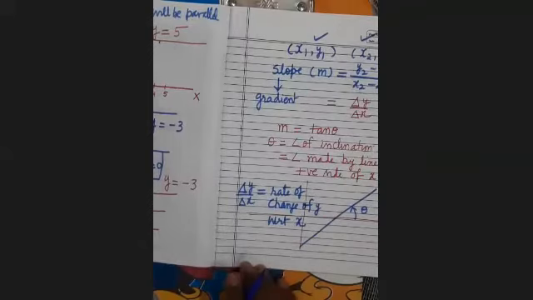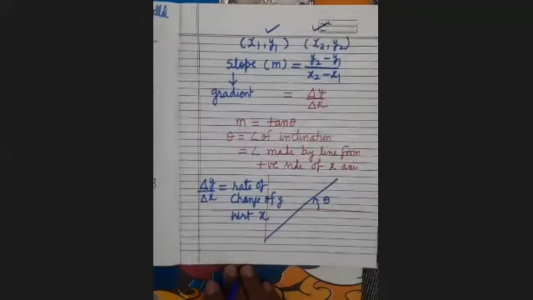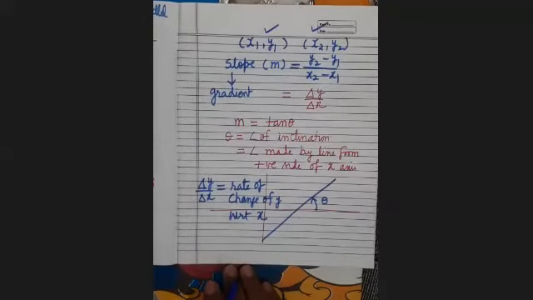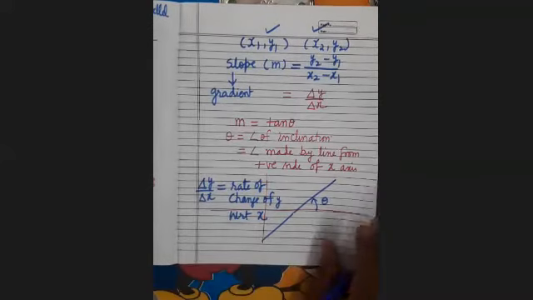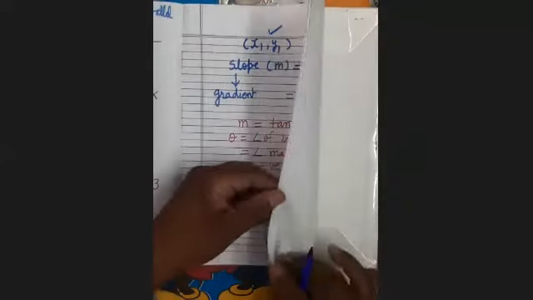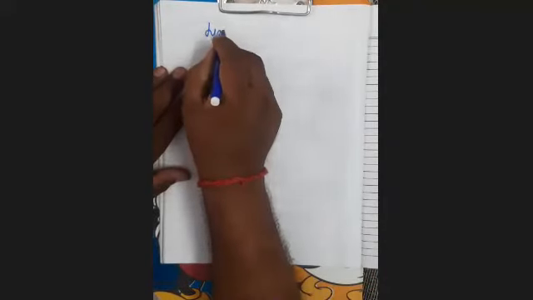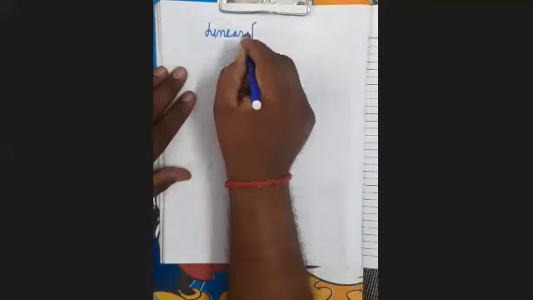WRT means with respect to. Rate of change of y with respect to x. Is it clear? Yes, sir. Now, this is all about the constant function. Now you see the linear function. Linear functions means functions.